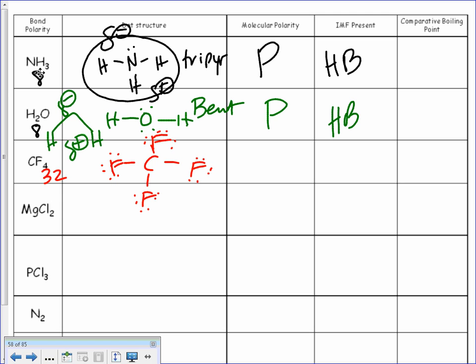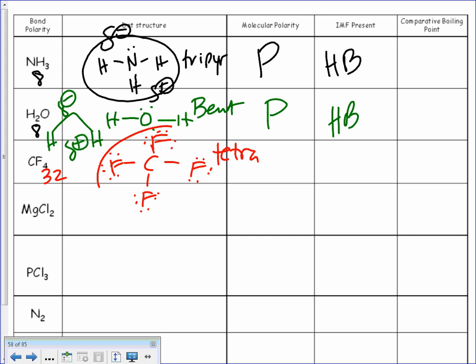All right, Lindsay, what's the shape? Tetrahedral. So it's like one's up, one's to the side, one's back, and then the other leg is the other one. Fluorine, fluorine, fluorine, fluorine. Emily, do you think that is equally distributed or unequally distributed? Equally distributed.